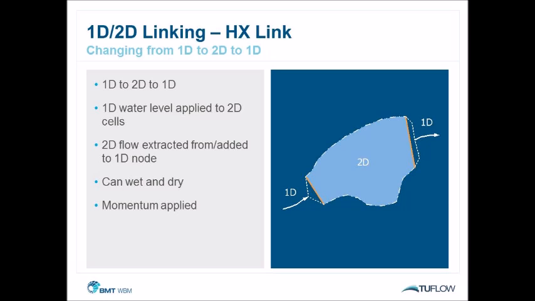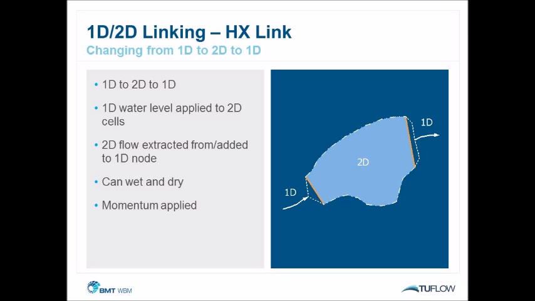So what we developed was the ability to basically transfer from 1D to 2D and back to 1D again. By today's linking standards it's very simple, but it was what started the process. Effectively what happens is the 1D comes in at the upstream end of the 2D area, and it's connected to what we call an HX link, and the water level in that 1D node is applied to the 2D cells along that HX link.